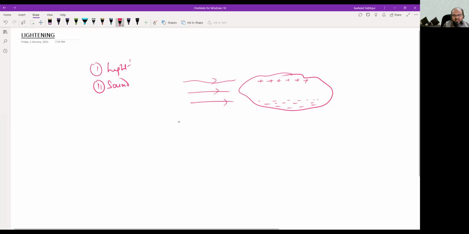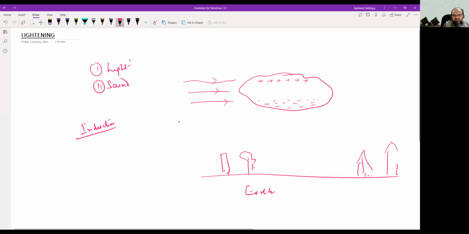When this charge is built up, one process takes place which is called induction. Induction is the process in which two things are not in physical contact, but charges can be induced. Like this, the negative charge will force the electrons on the top of the surface of the earth, of tall buildings, trees or any other pointed conductors or pointed bodies on the earth.